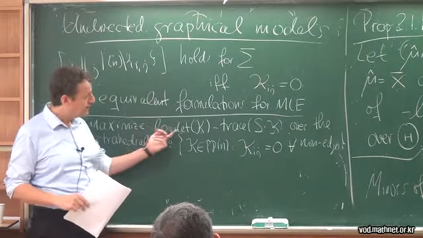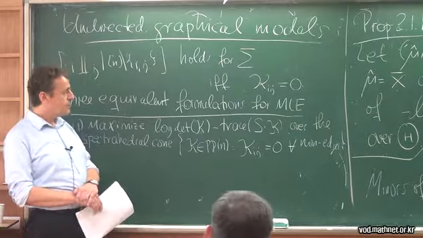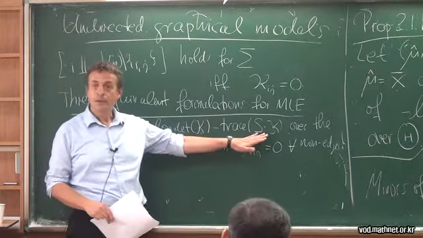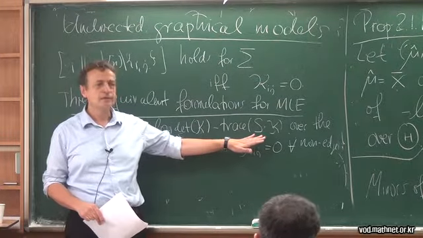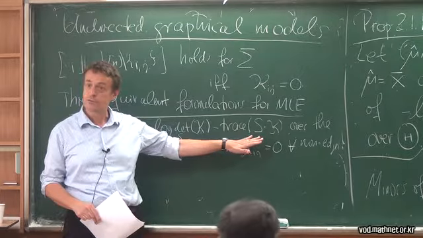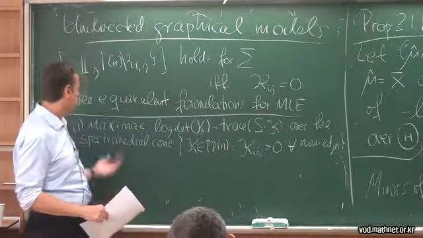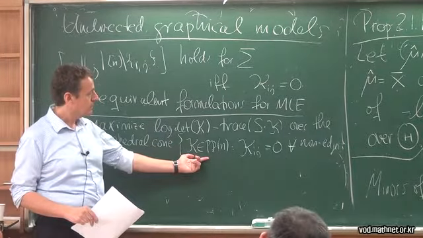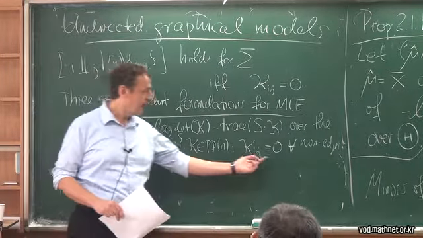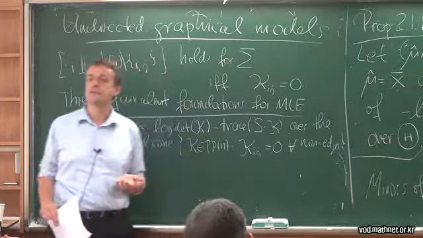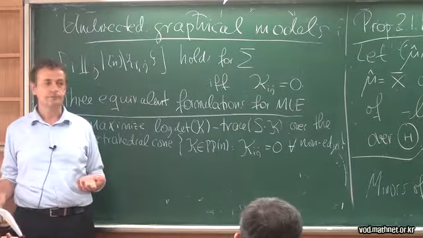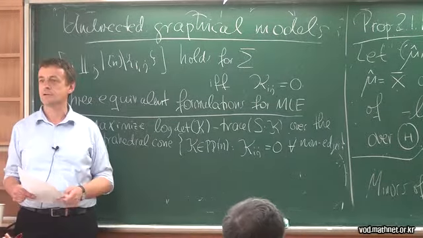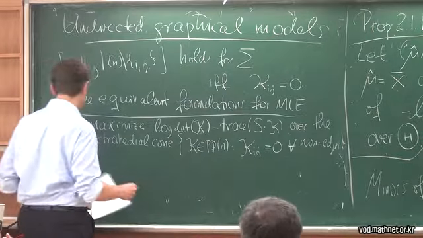We're taking the log det of the concentration matrix minus the inner product of the concentration matrix with the sample covariance matrix, over all concentration matrices that have a certain pattern of 0 entries, namely on the non-edges. That's the first version of the optimization problem.